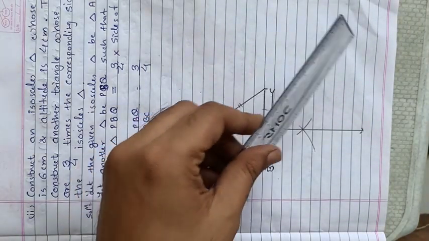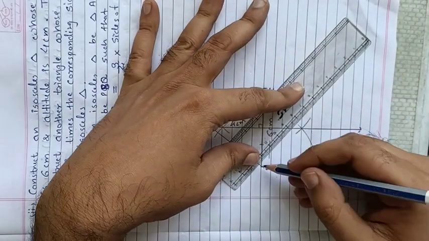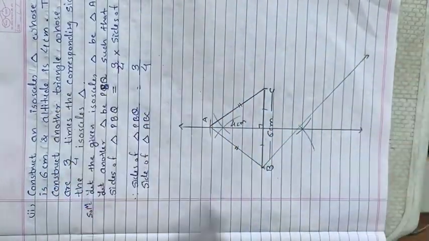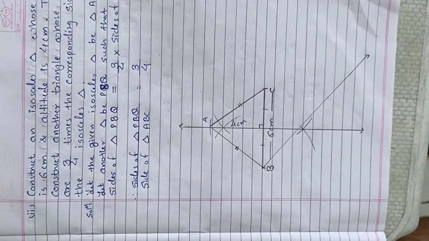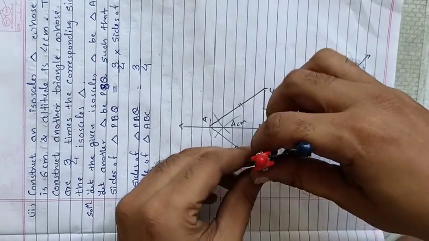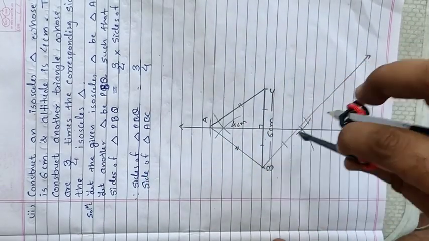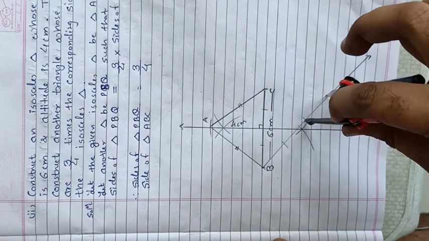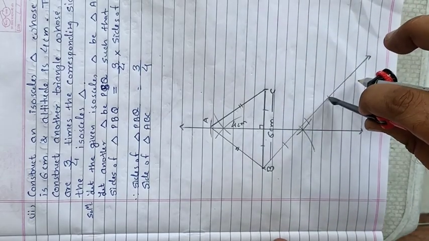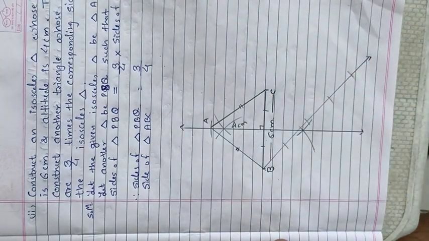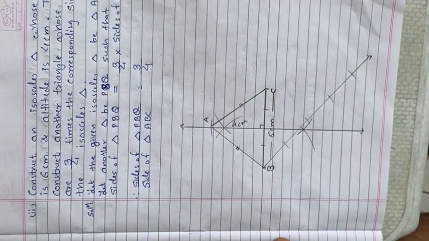So now from point B, how many arcs we need to draw? 4 arcs, the bigger number. The first is B1, and then B2, B3, and then B4, and then writing its name.